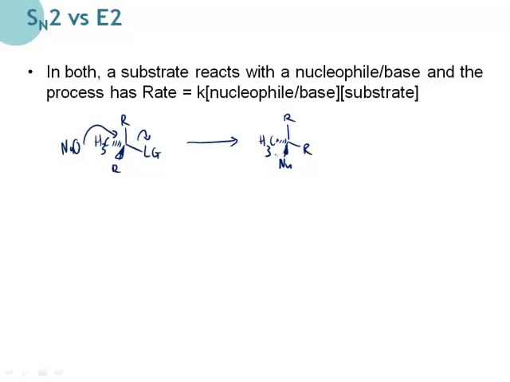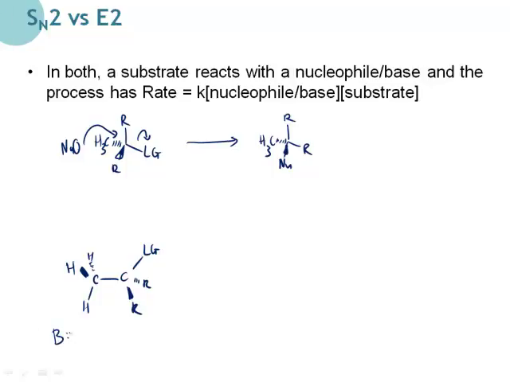E2 is similar in that the substrate will react in one step, but instead of reacting with a nucleophile, it reacts with a base. It does this kind of reactivity. And you remember there's this anti-periplanar requirement for the carbon-hydrogen bond and the carbon-leaving group bond.